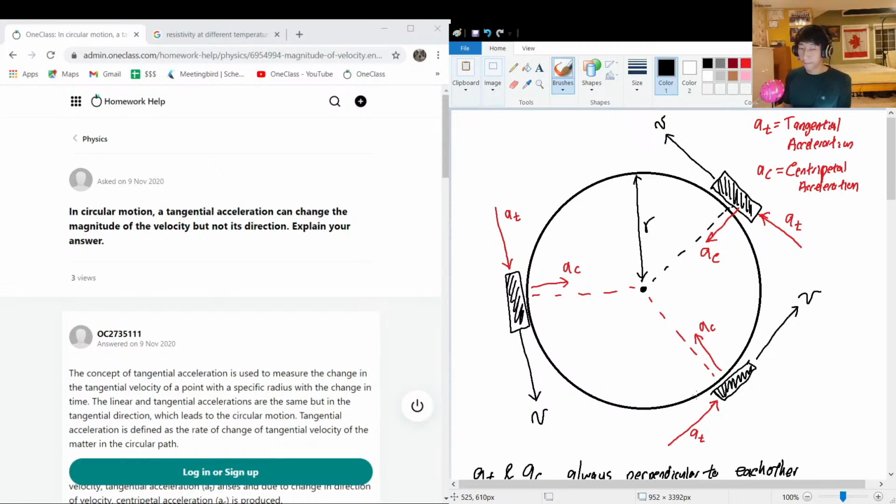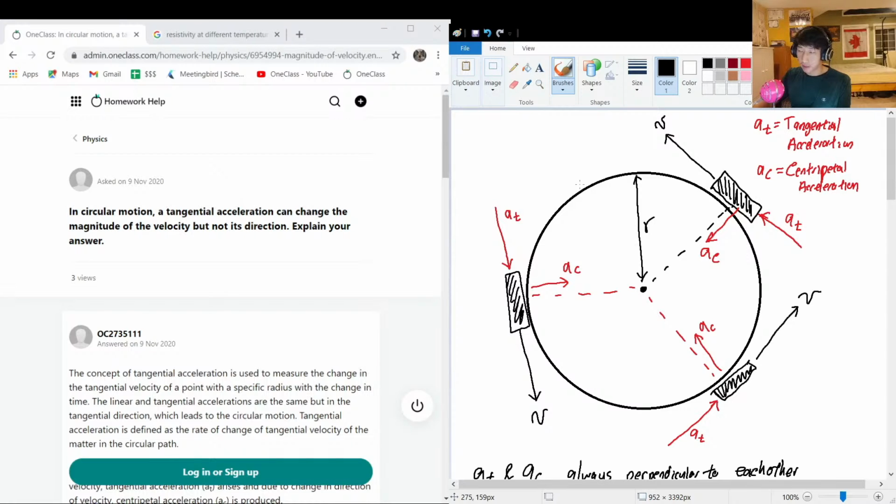So if we go back to our driving in a roundabout situation, if I hit the gas on the car, my speed is going to increase, but I would need to sharpen the turn of the steering wheel to maintain that circular path.